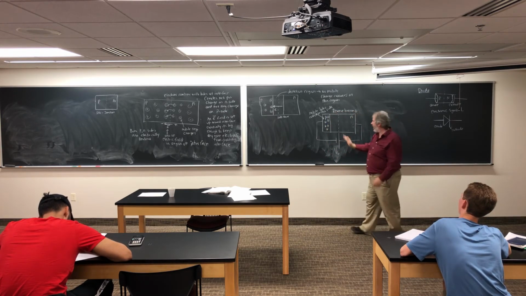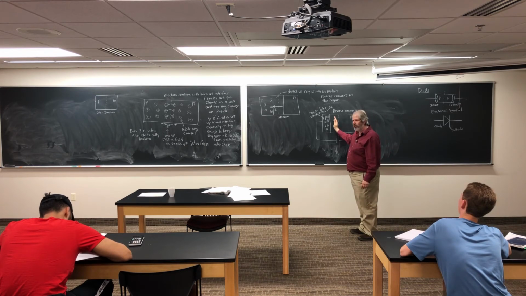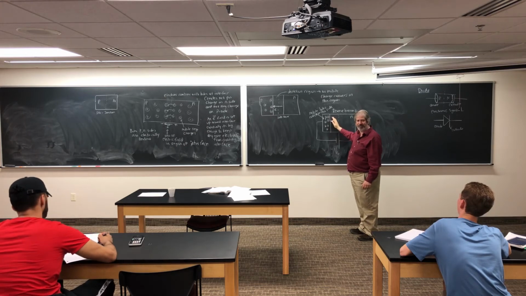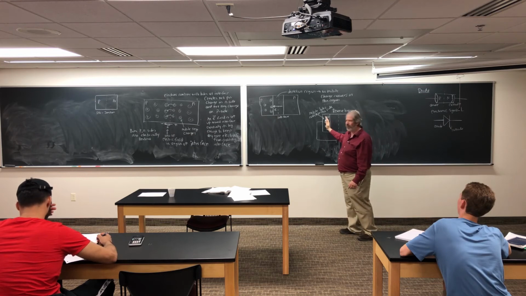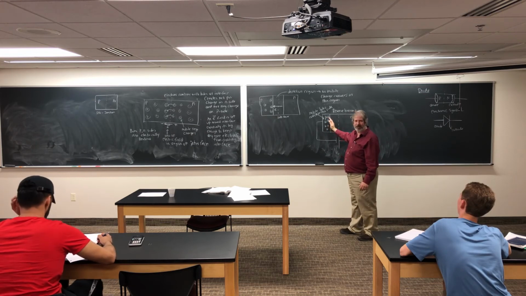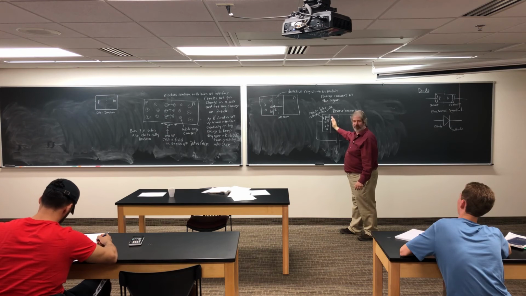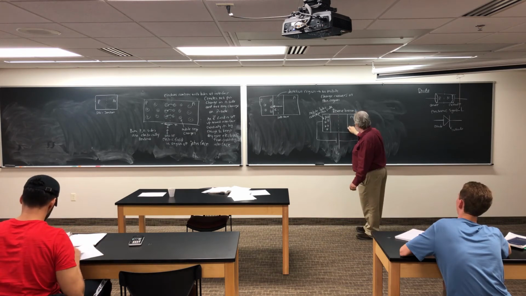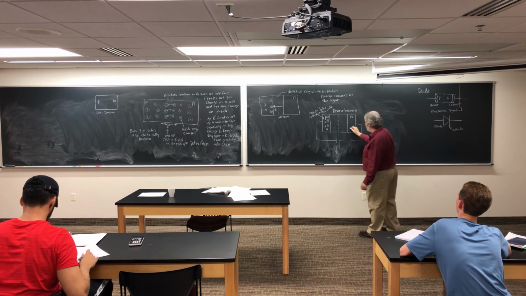Now when it does that, if the mobile charges are moving over here, we're going to have this more positively charged, because the whole thing was electrically neutral before. So we've moved more of the positive charge here. It's going to make this even more negative here. And then the mobile electrons are going to congregate over here.